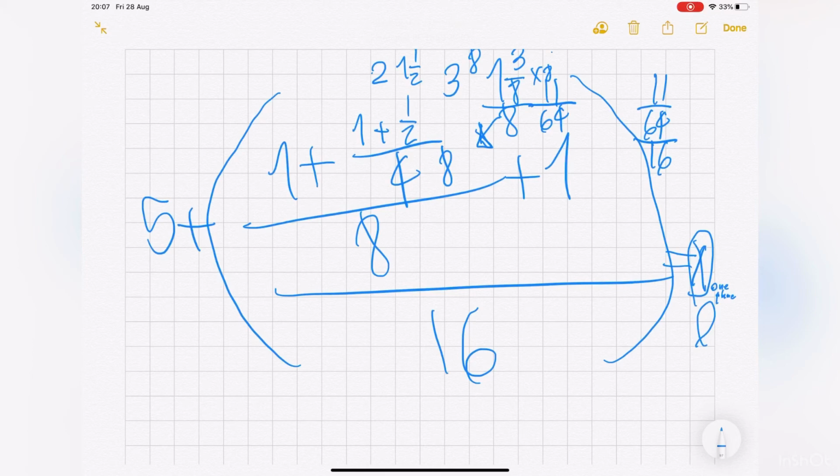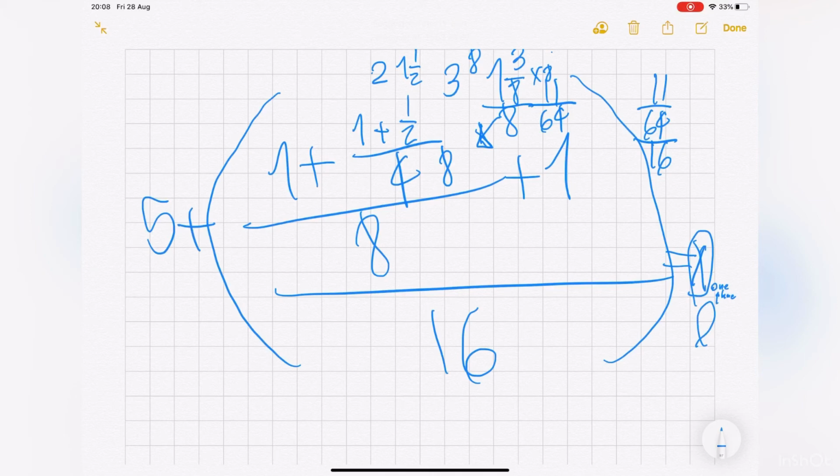Now next what we're going to do is simplify more. But for people who already know the answer, you just use 16 times 11. Yeah, but I'm going to make it more reasonable by using this number.